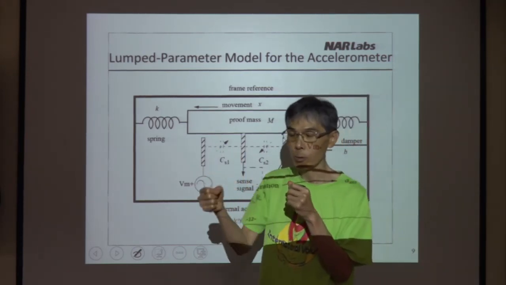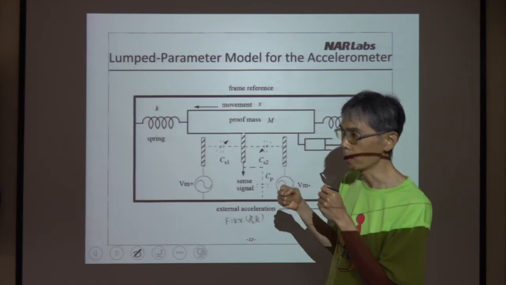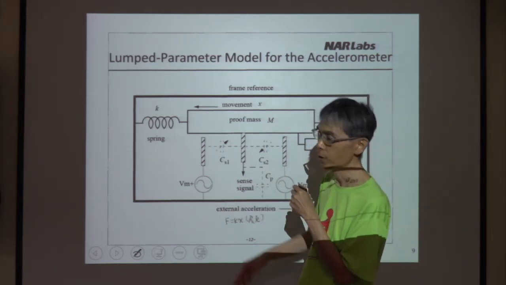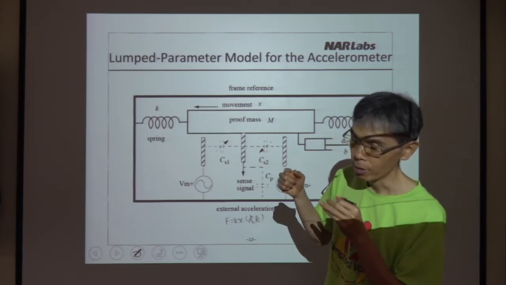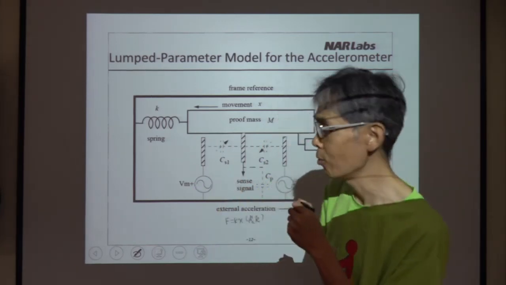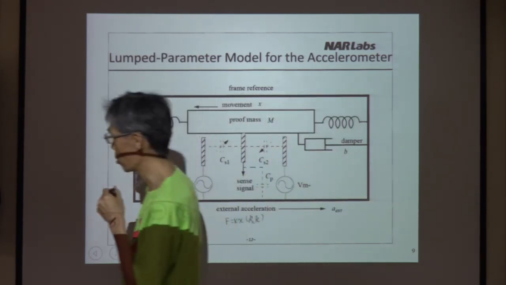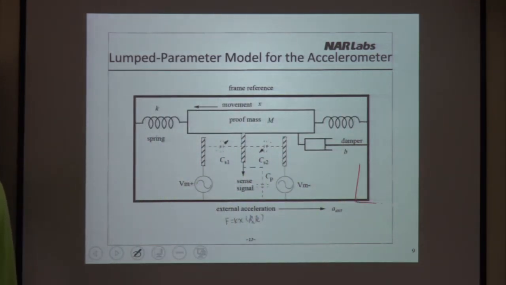If you ask your driver to speed up quickly, you can measure V1. Speed up more quickly, you get voltage 2. So you can get a relation between acceleration and voltage output.